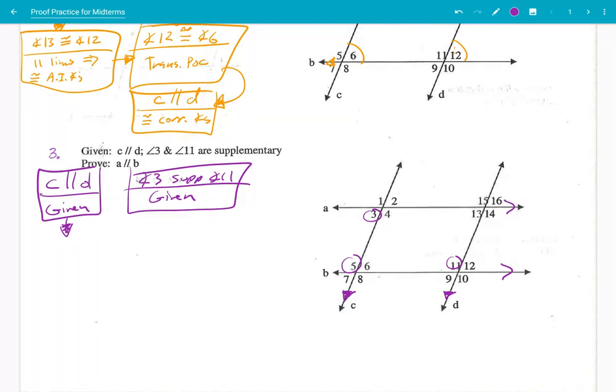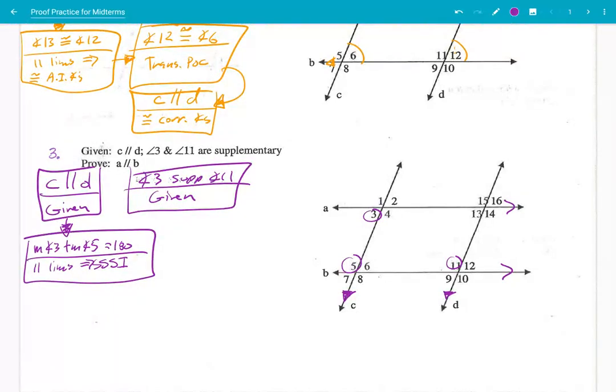So let's just do this. The measure of angle 3 plus the measure of angle 5 equals 180 degrees, because parallel lines imply supplementary same side interior angles.